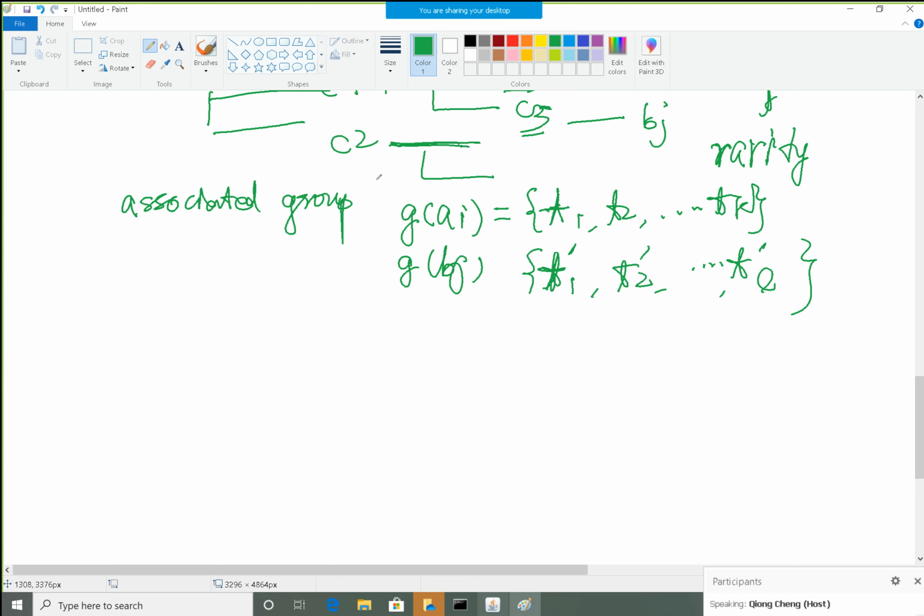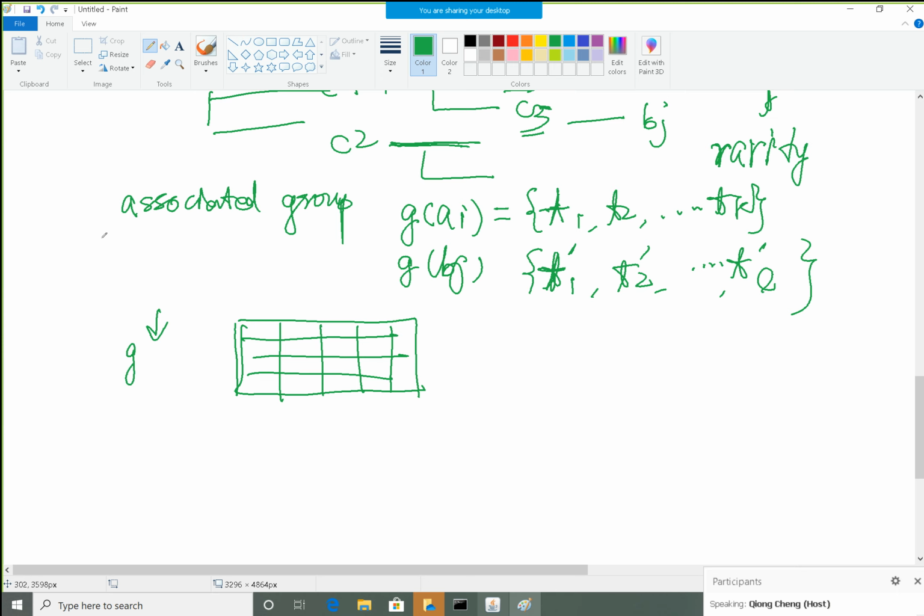And such that, based on these two groups, we could make a matrix. In this matrix, this part is GAI, corresponding to T1, T2, and TK, and this side is GBJ, with T1 prime, T2 prime, and TL prime.